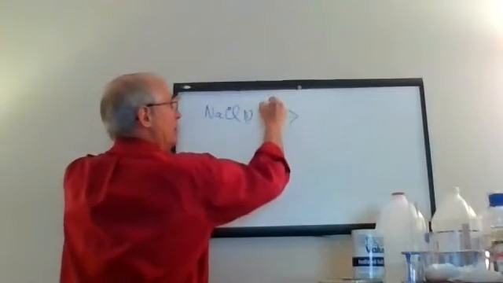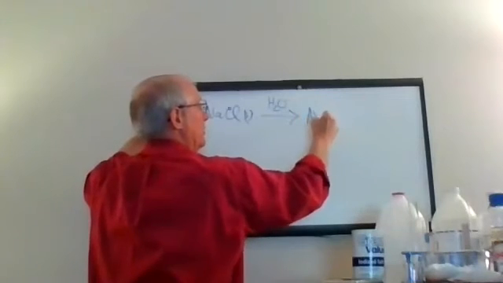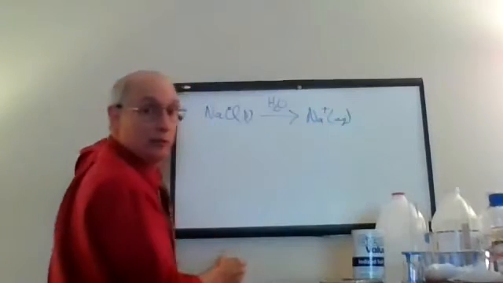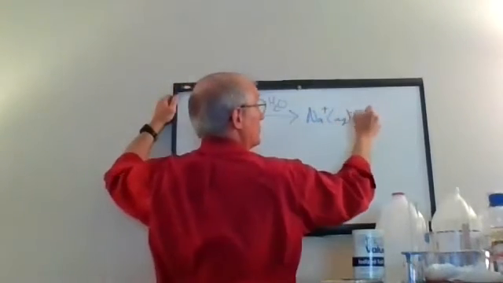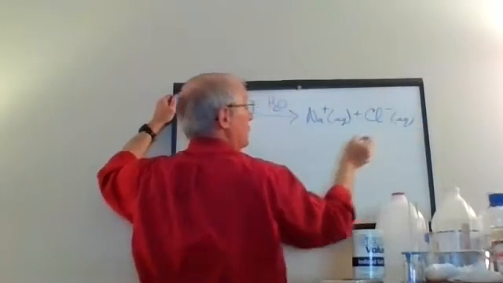And if we put it in water, it's going to form sodium ions that are floating around. We say that they are aqueous, and it forms chloride ions that are floating around. We say that those are aqueous.